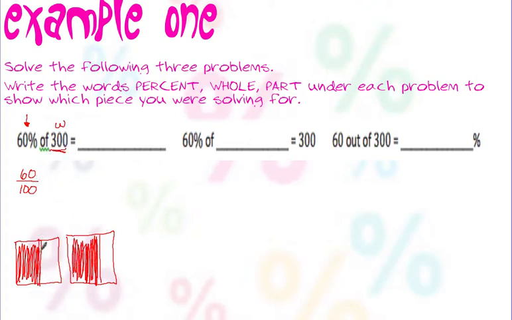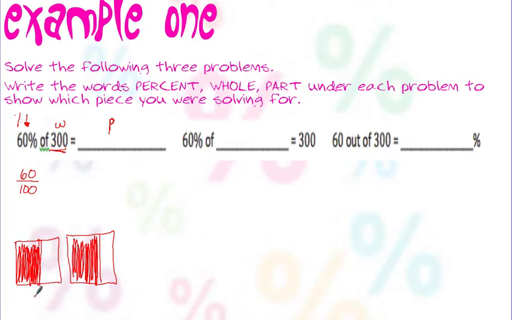The reason I know that 300 is my whole is because I'm looking at 60% of 300, and the "of" is telling me that this is my whole group and I want 60% of it. So this would have to be my whole, and I'm looking for what that part is equal to. I know the percent and I want to know what that percent is equal to as a part.